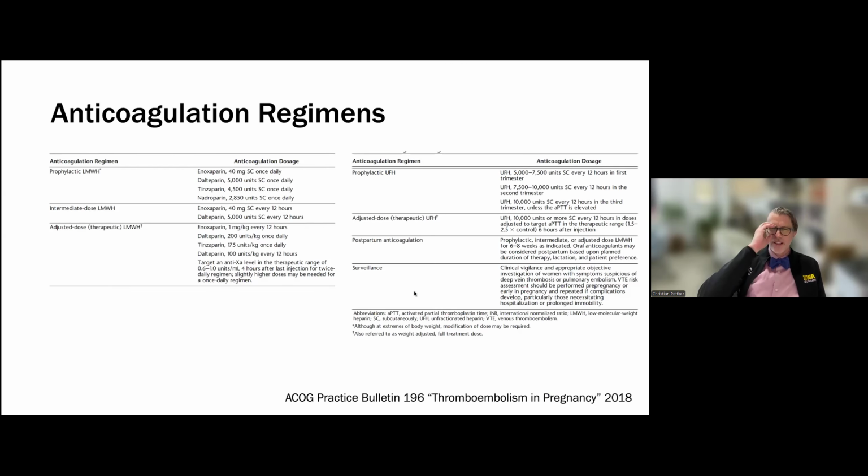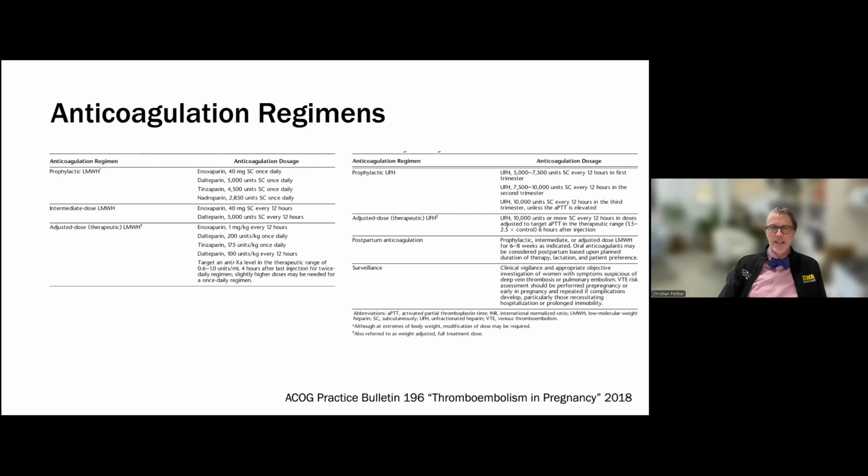These are the anticoagulation regimens that we typically use. When we talk about prophylactic low molecular weight heparin, it's generally enoxaparin 40 milligrams or Lovenox 40 milligrams once a day. And we do that from after delivery until the time of discharge.